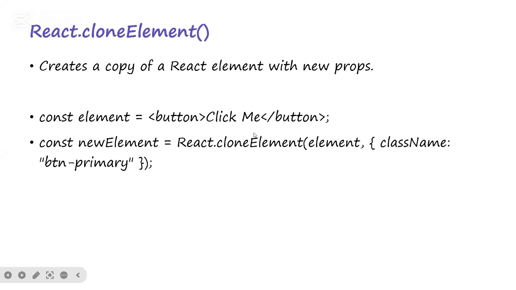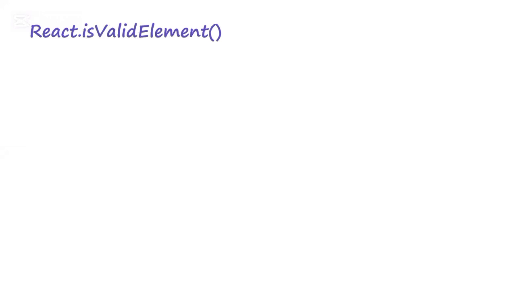We want to add more props. In case you have an element, a component, or whatever it is, and you want to add extra properties, you use React.cloneElement. The first argument is the element you're cloning, and the second argument is an object of attributes that you want to give it, or the props.